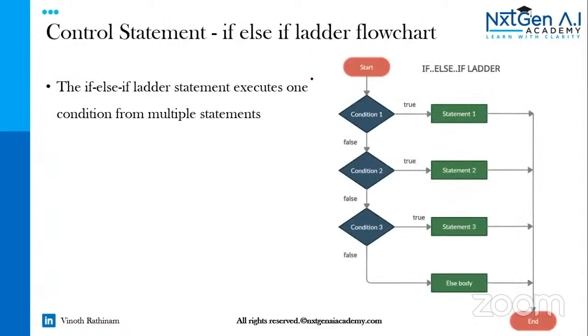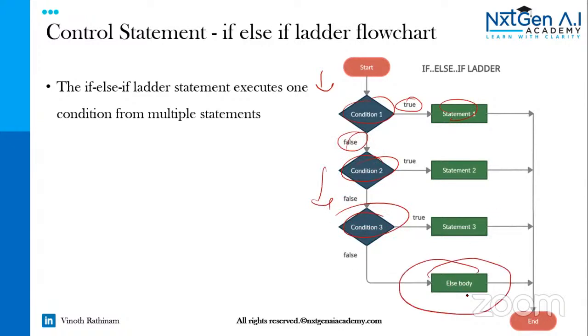And mostly this will happen: shop 1 satisfied, you will buy. No, I'm not satisfied. Shop 2, not satisfied. Shop 3, like that you will keep on checking. Even at the end, if you are not satisfied, the else body will be executed. We call this the else if ladder.